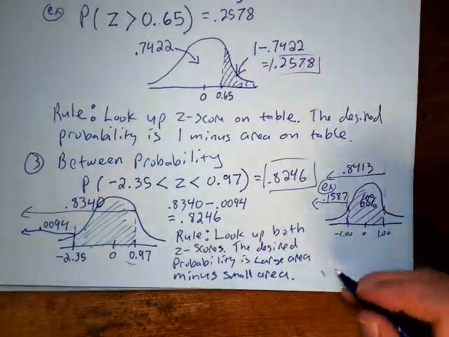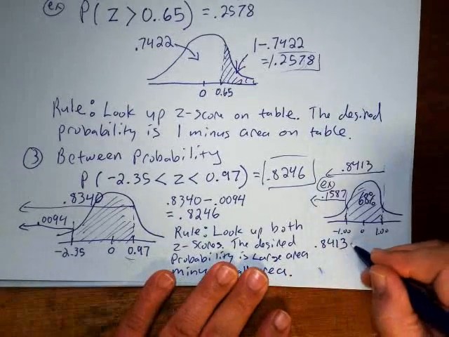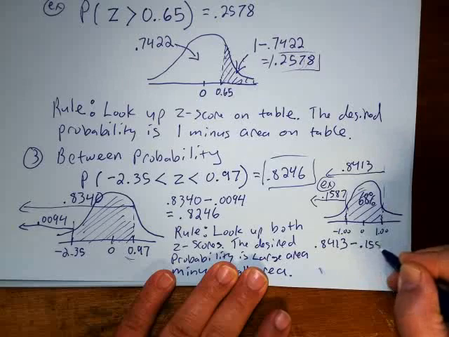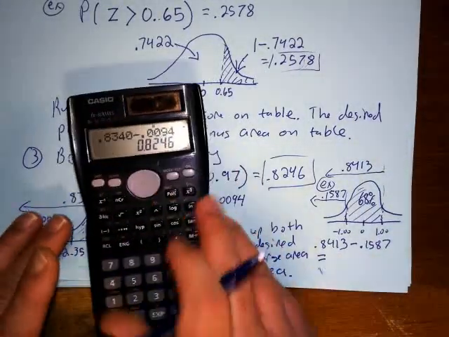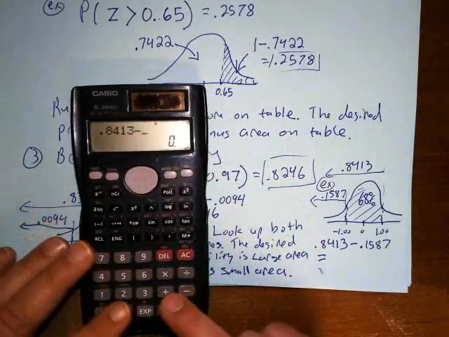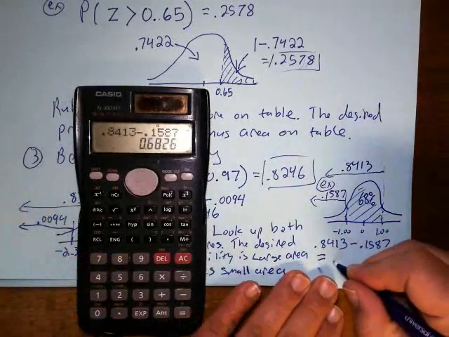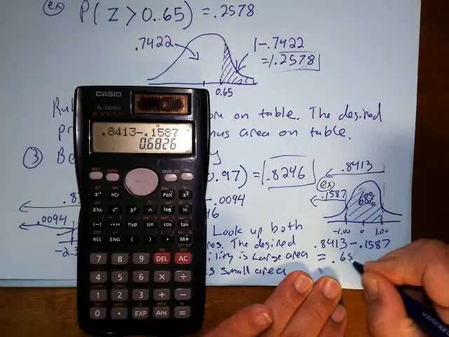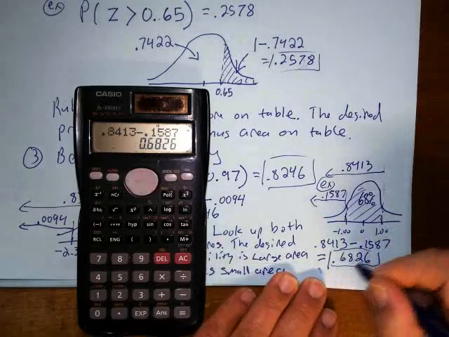Okay, so now I'm going to subtract these two. 0.8413 minus 0.1587, and that's where I get 0.6826, the decimal form.